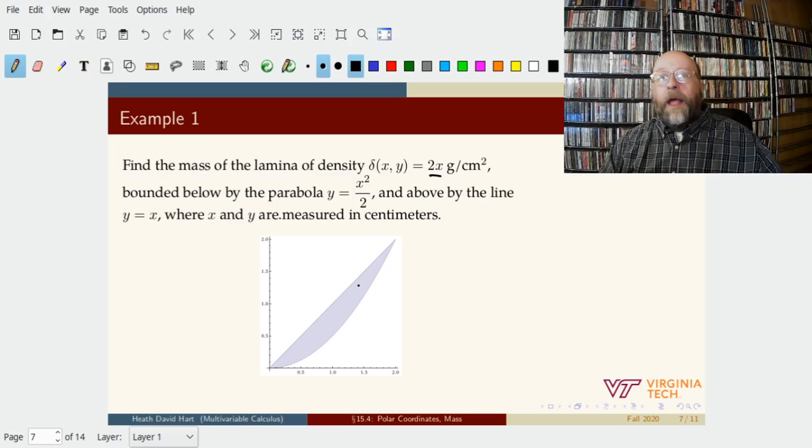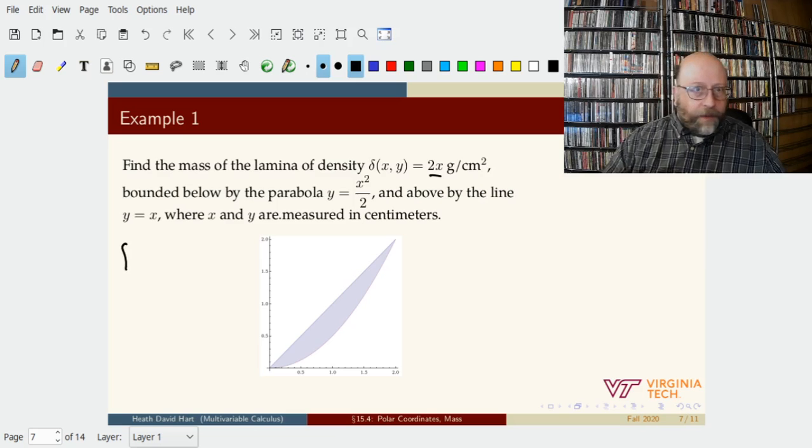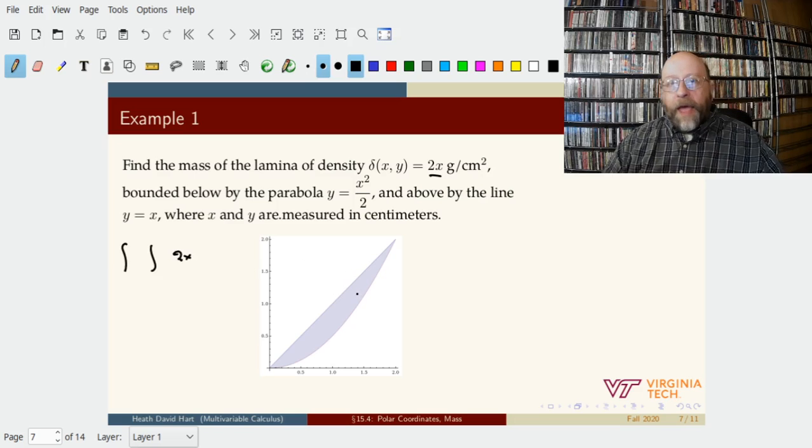And so we want to set up an integral to find the mass. So we have to choose an order to integrate the function 2x. I would rather leave this as an x squared than write it as a square root of y. And so I want to leave my function in terms of y, so I'm going to put y on the inside and x on the outside.